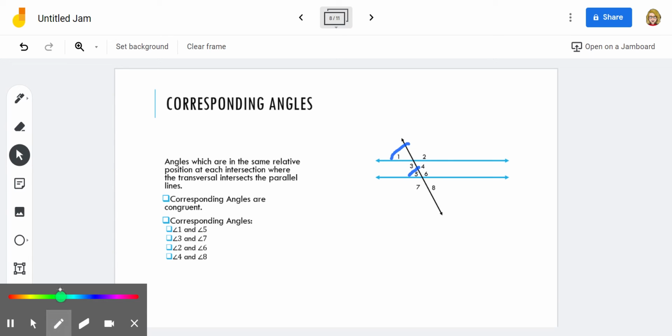Other examples: 3 and 7 are both below their parallel lines and on the same side of the transversal. Then we also have 2 and 6, where 2 is on the right side and on top, same with 6. And our last one, 4 is below and on the right, and 8 is below and on the right. So they're in the same relative position.